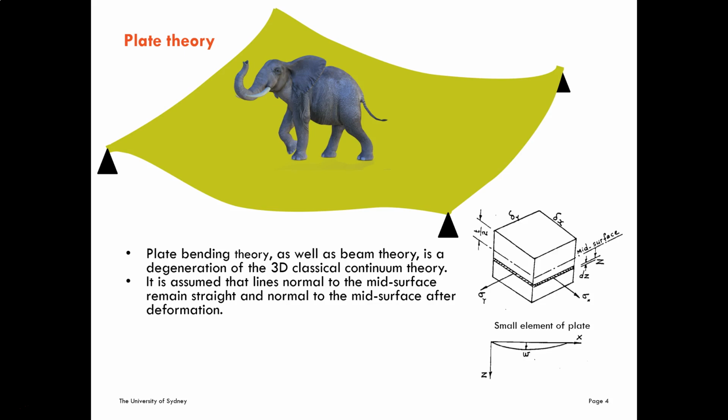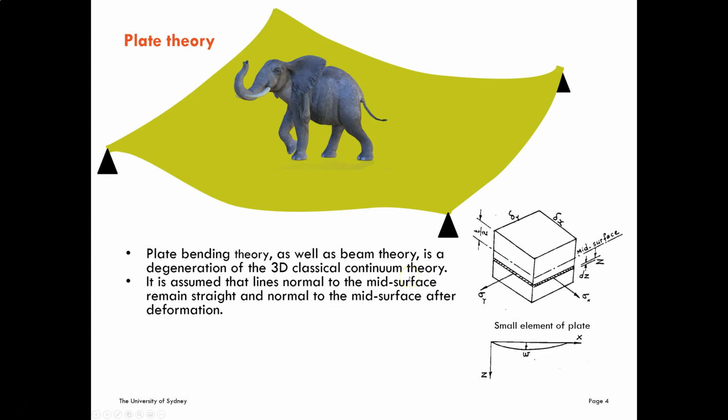So this is a cut of the surface, so it's going to have a certain thickness t. This is the mean surface. Any surface above or below this mean surface, at distance z from the mean surface, is going to have a certain plane stress represented here by sigma x and sigma y.